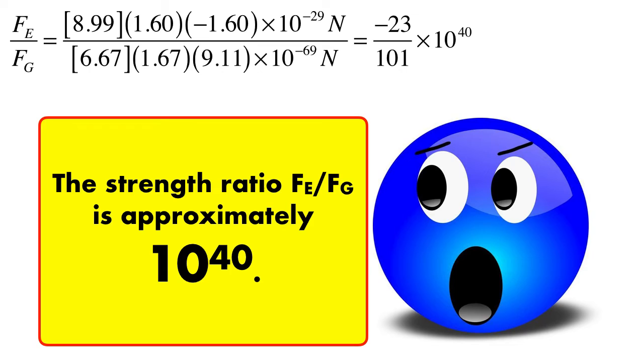It is for this reason that we consider atoms to be electrical and we do not mess around with the gravitational. It's there, but it's so small, 10 to the 40 times smaller than the electrical, that we're just going to go with electrical in the atom.